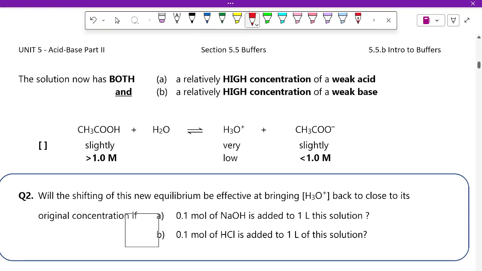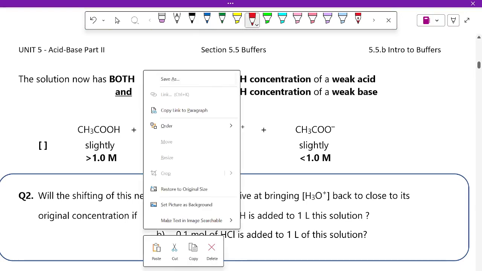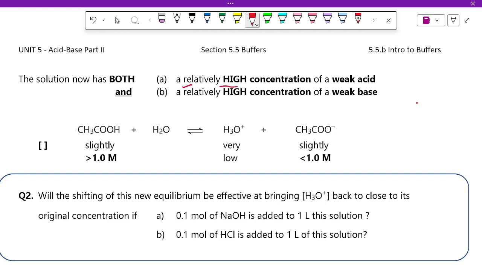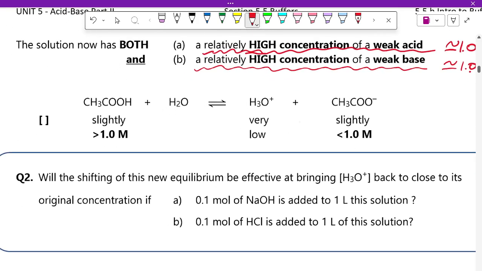The solution now has both a relatively high concentration of weak acid, approximately 1.0 molar, and a relatively high concentration of the weak base, approximately 1.0 molar. And our hydronium ion concentration is very low.